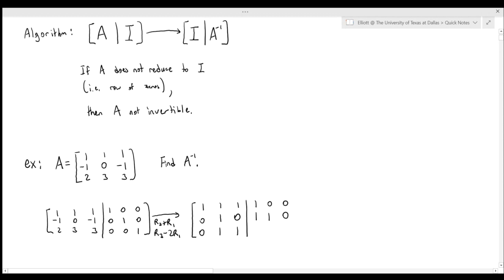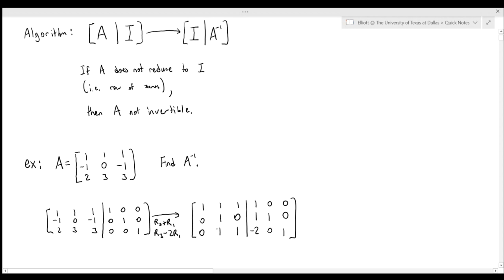Here we're going to have 0 minus 2. Here it's going to be 0 minus 0 and 1 minus 0. Okay? So all the row operations that you are performing, you want to be performing them on the right half as well.